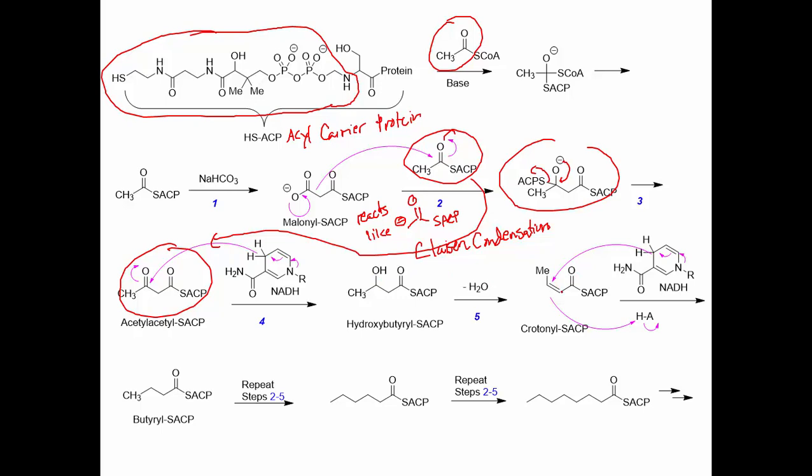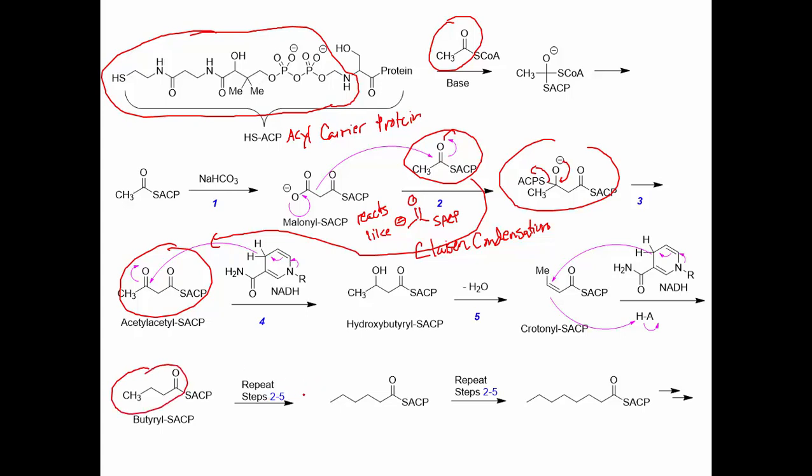The enzymes sort of scrunch this molecule into such a way that it gives only the cis-alkene during the dehydration process. We're going to now transfer a hydride in a net hydrogenation. This gives us the butyryl CoA.